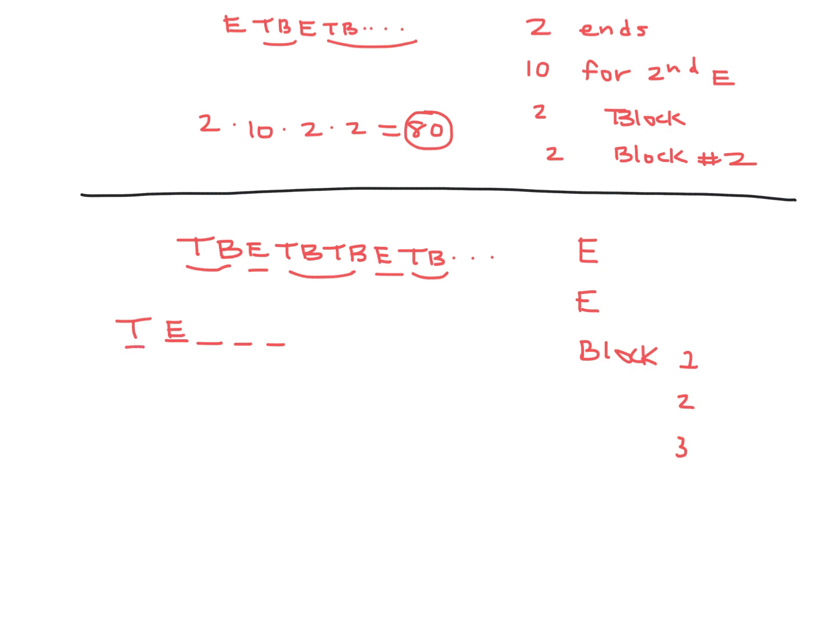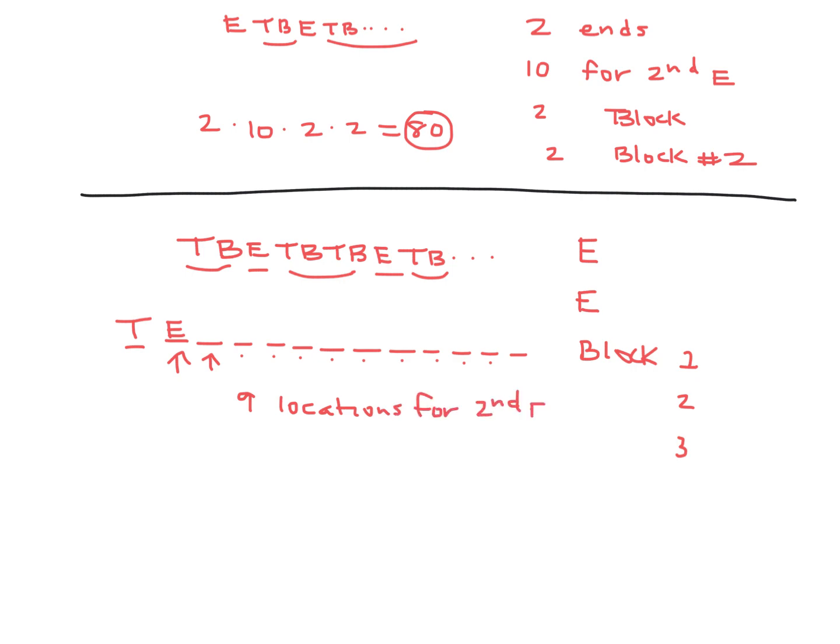So 1, 2, 3, 4, 5, 6, 7, 8, 9, 10, 11, 12, 13. If the first E is here, the second E cannot go there because we can't put them together. But we can put the second E either 1, 2, 3, 4, 5, 6, 7, 8, 9. Okay. So the first E is the second. Then, hold on, let me write this in a structured way. If it's like this, we have 9 locations for the second E.